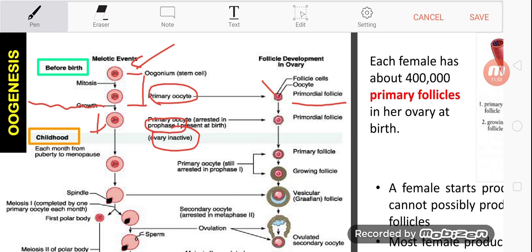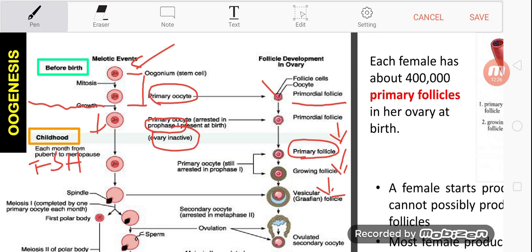At the onset of puberty, this primordial follicle develops into primary follicles. In the presence of FSH at puberty, that FSH will stimulate the follicles to grow to a more mature stage.